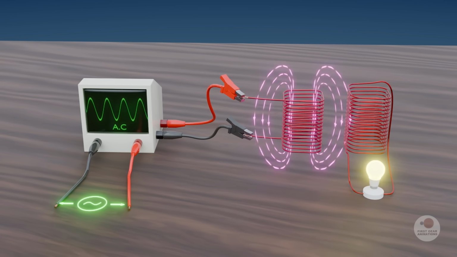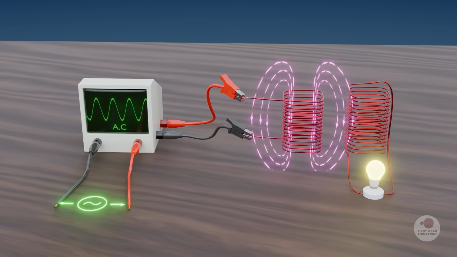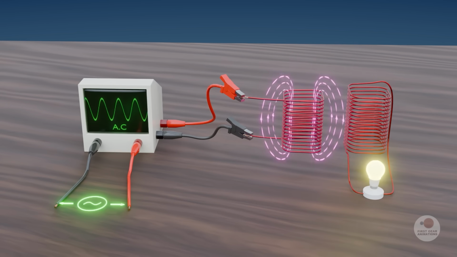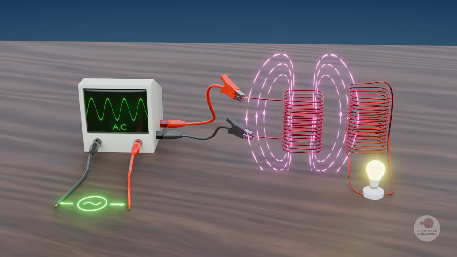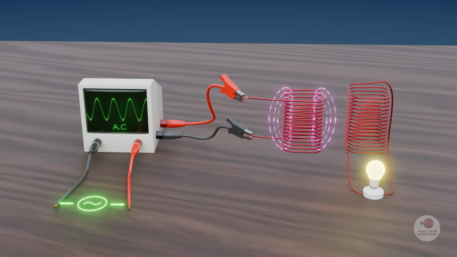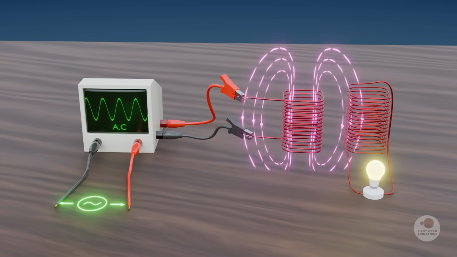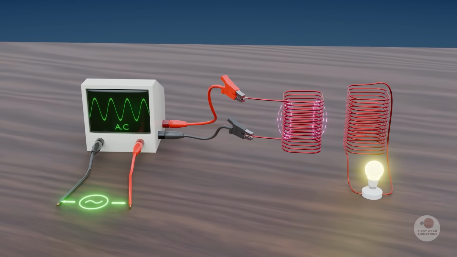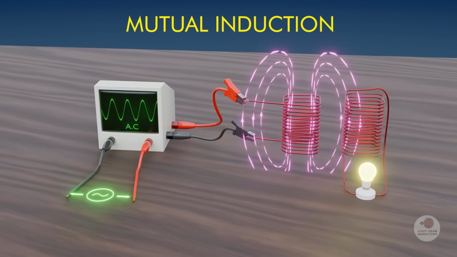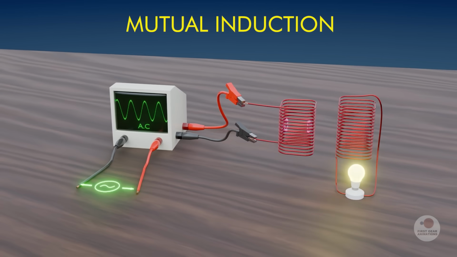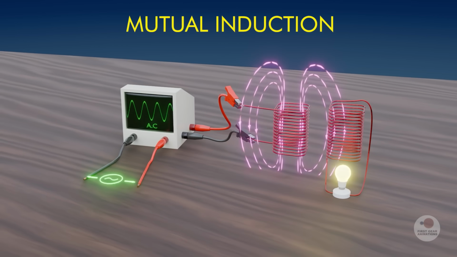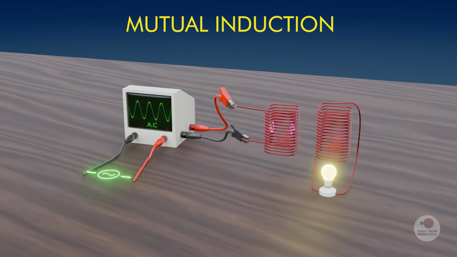As this fluctuating field from the first coil expands and collapses, it cuts through the second coil, inducing an electromotive force or voltage in it, and that creates a flow of electrons known as current. This process, called mutual induction, allows for the transfer and transformation of electrical energy without any physical connection between the two circuits.